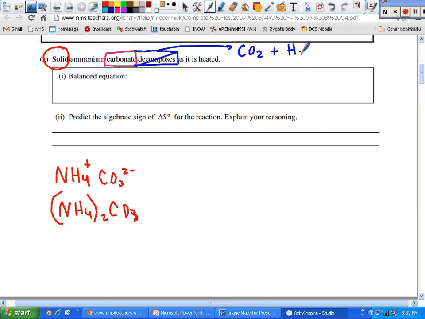Every single time. Why? I wish I had a good answer for you, but I just don't. It's not necessarily a type of combustion, it's just what it does. When carbonate breaks down, we know there's a carbonate, so we can automatically get this in here. CO2 plus H2O.